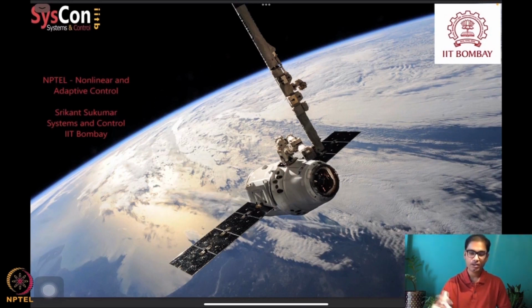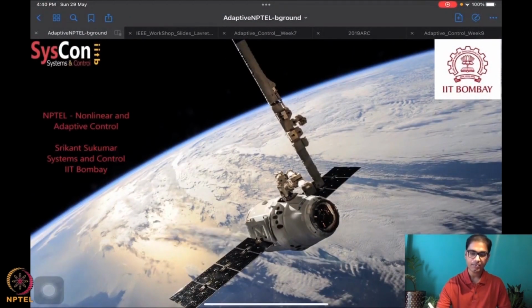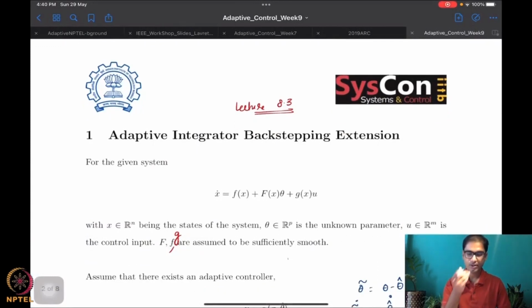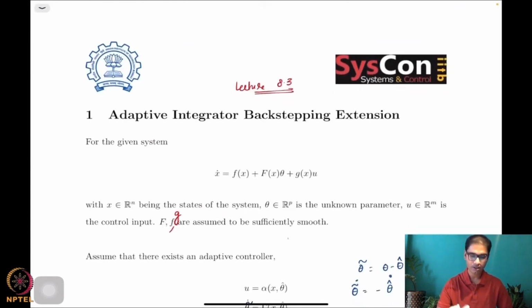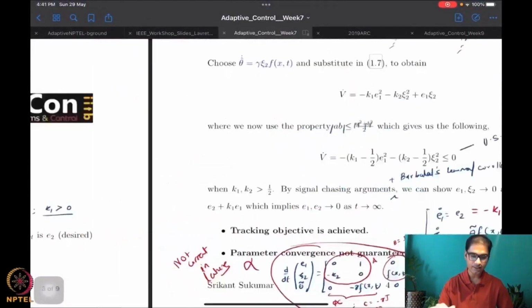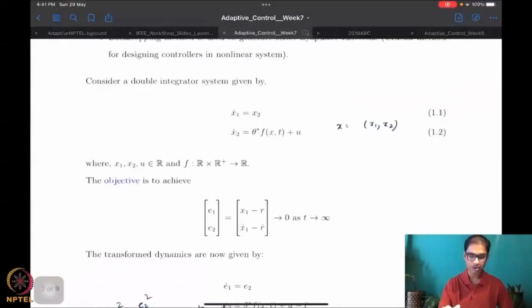Now, what we were doing last time was essentially the beginning of the generalization of the adaptive integrator backstepping method. So this was the method that we had looked at in the week 7 lectures, if you remember.